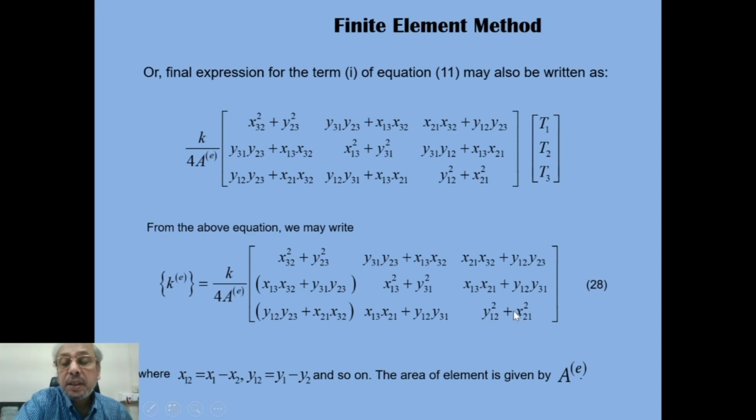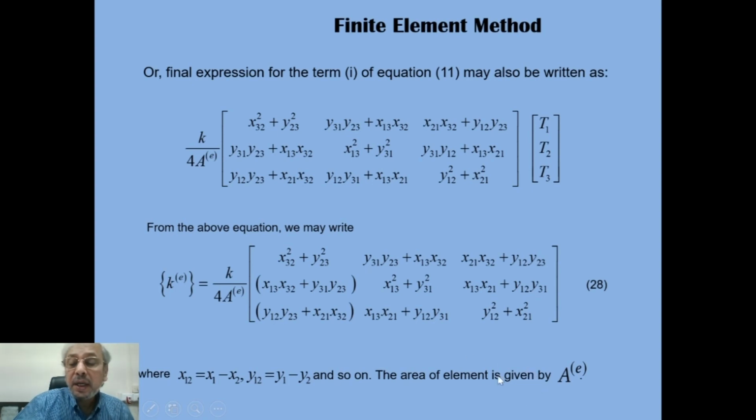in the matrix. And obviously we know the meanings of quantities like x32 or y23. We have written them here also: x12 is x1 minus x2, y12 is y1 minus y2, and so on.